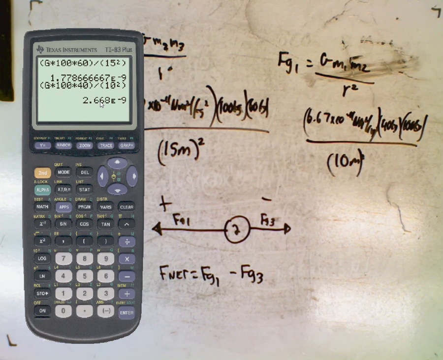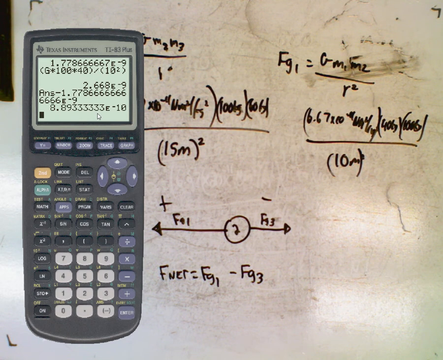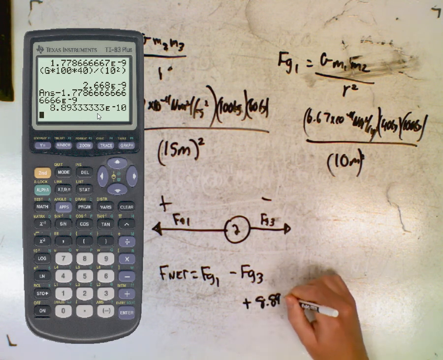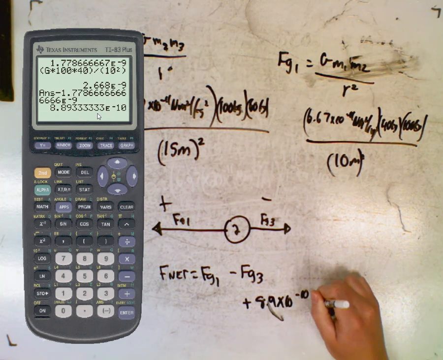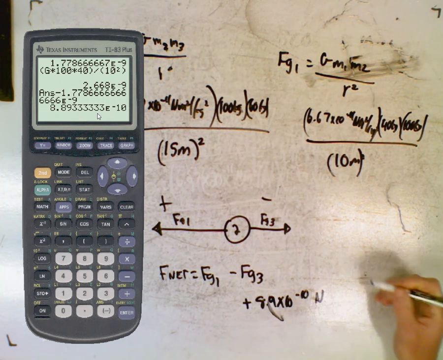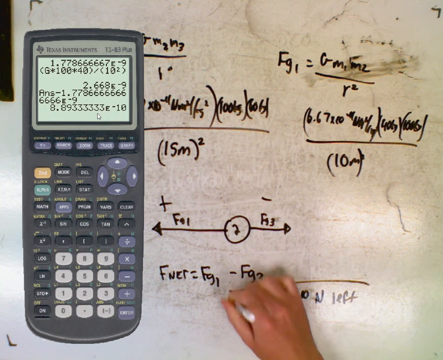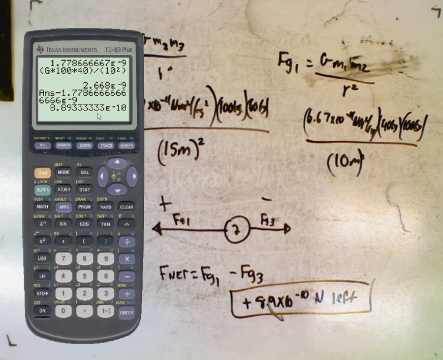So to find my net force acting on them, I just have to take this number and subtract it from 1.77866666666 times 10 to the negative 9. And I get that. That's my net force. It is positive 8.89. I only have 2 sig digs, so 8.9 times 10 to the negative 10 newtons. And because it's positive, and I said positives to the left, we'd want to add that vector to there. And I would say 8.9 times 10 to the negative 10 to the left. Okay, not too bad.